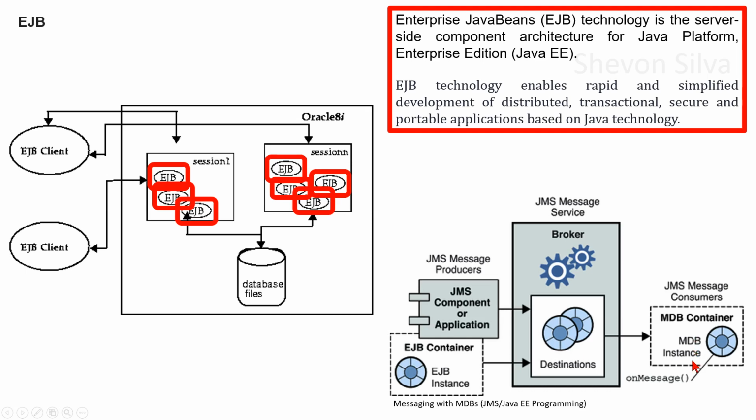The container sets up a connection with the broker, including authentication, creates a pool of sessions associated with the given destinations, and manages the distribution of messages among the pool sessions.